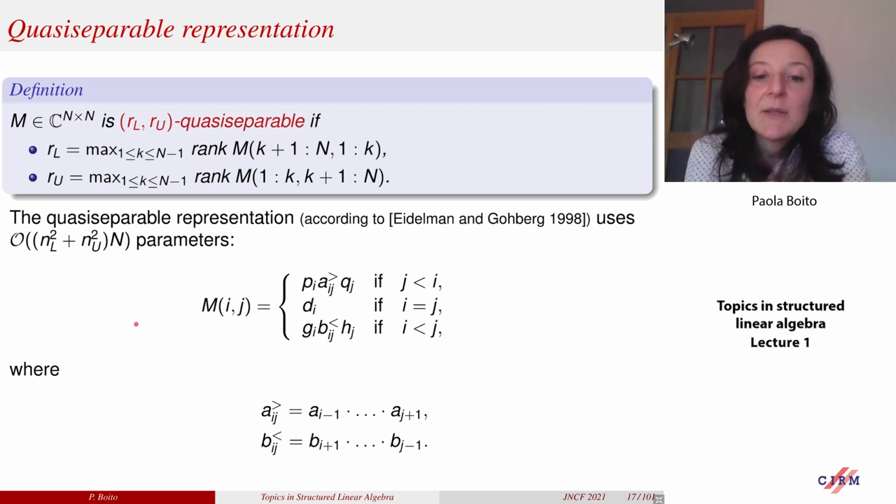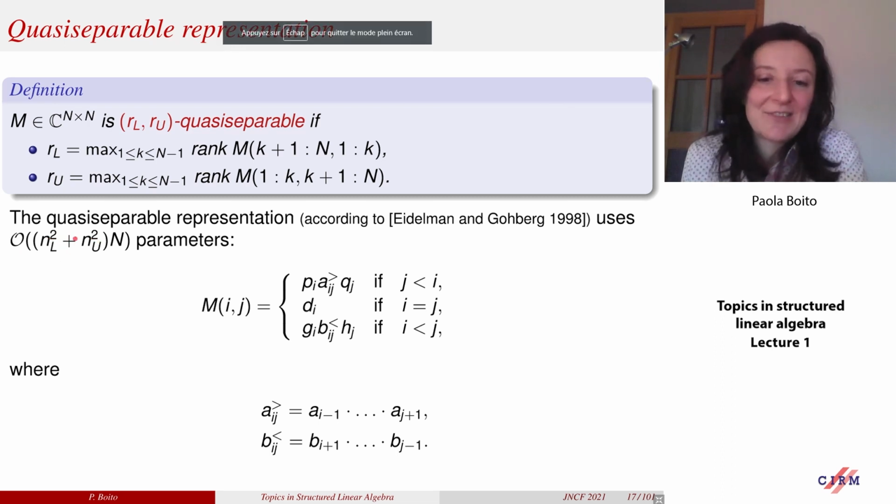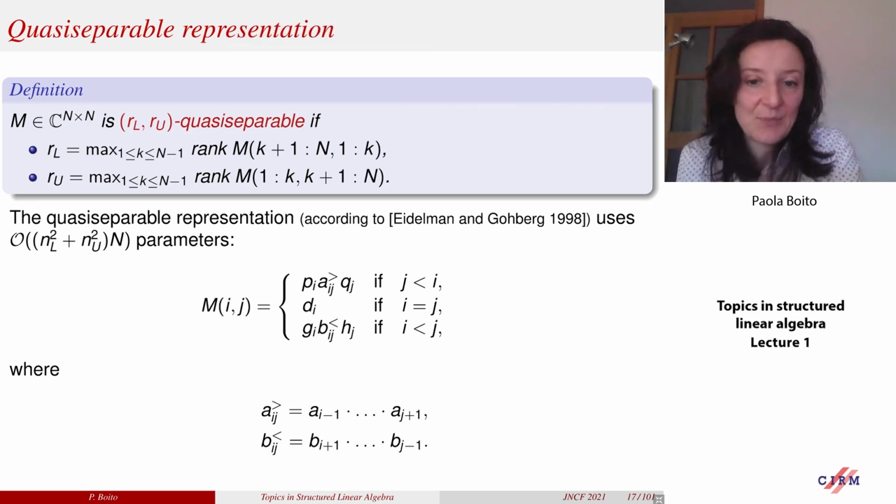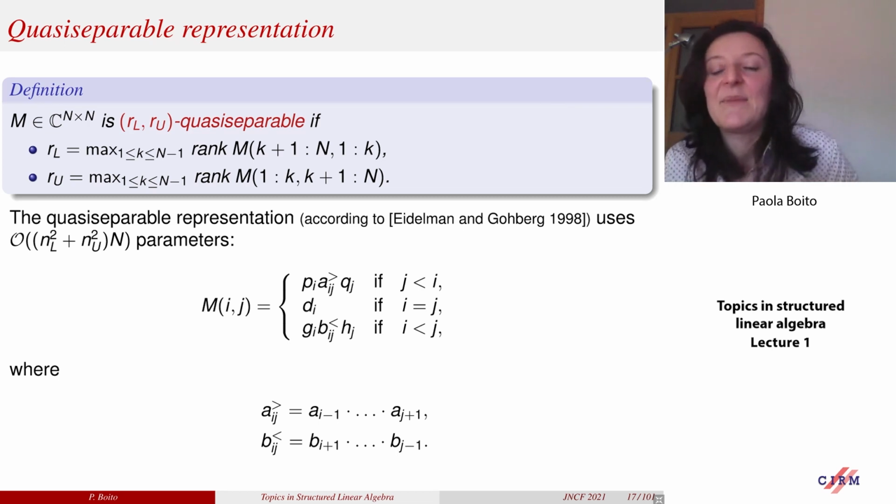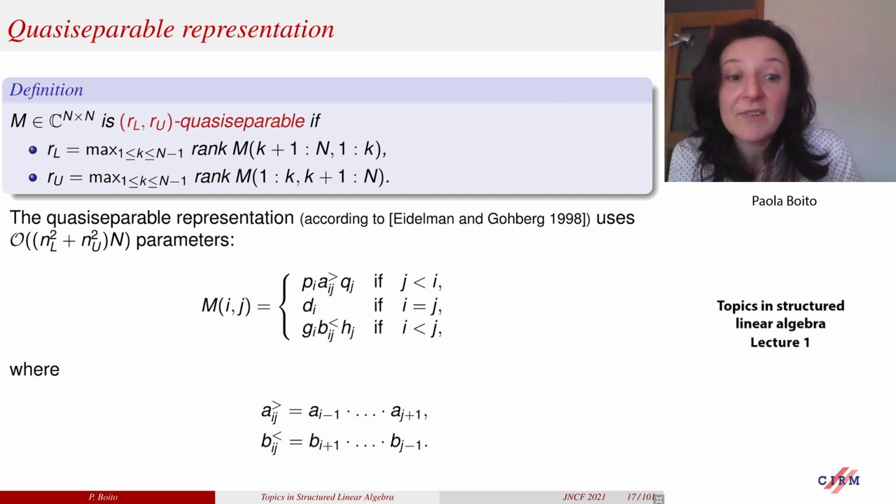And it uses O of (R_L square plus R_U square) times big N parameters. So linear in the size of the matrix and quadratic in the quasi-separability order.